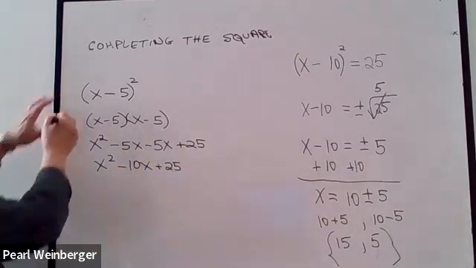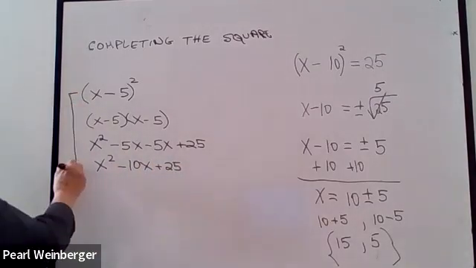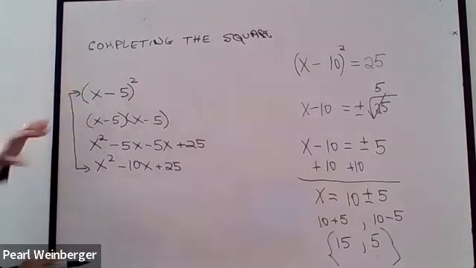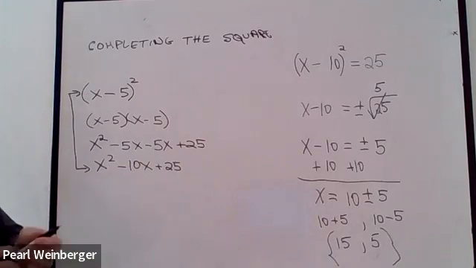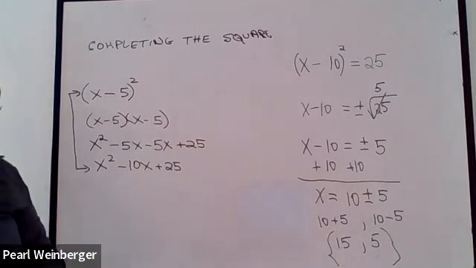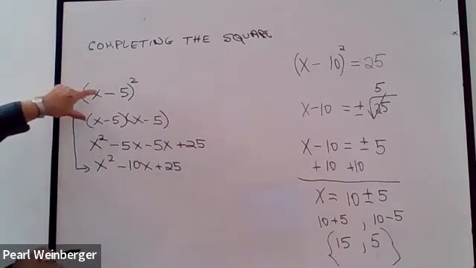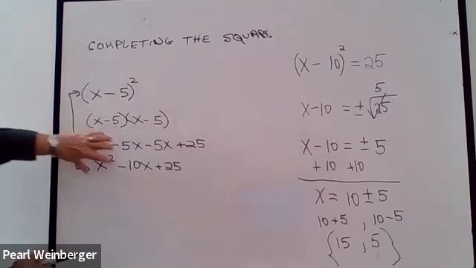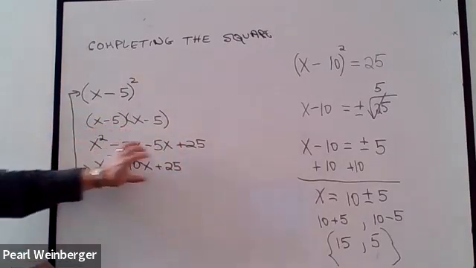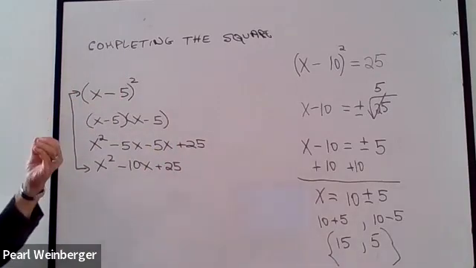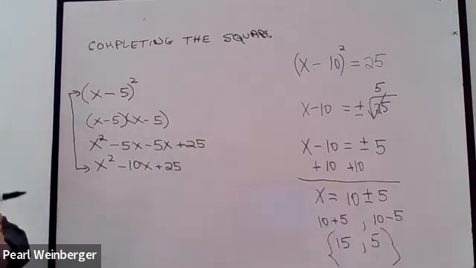Now I want to show you the pattern that we're seeing, because if we could do it quicker, that's really great. It's always good to be able to do something accurately, but quickly, because it just gives us that much more time. So let's look at this x minus 5 squared and compare it to what the final answer is when you eventually multiply it out.